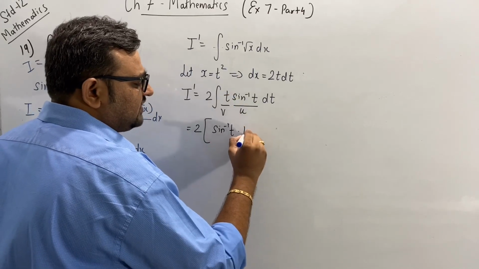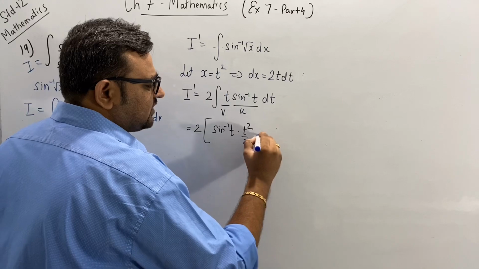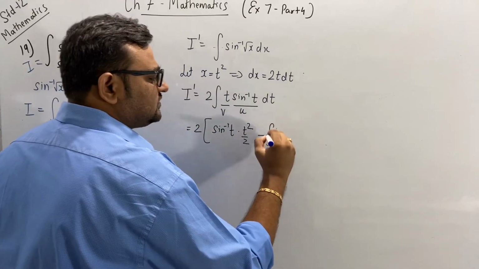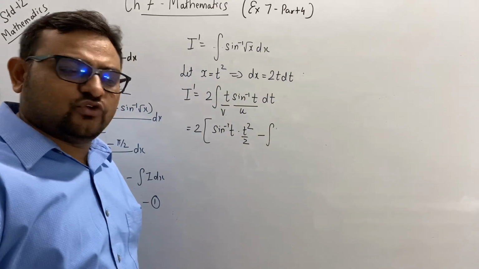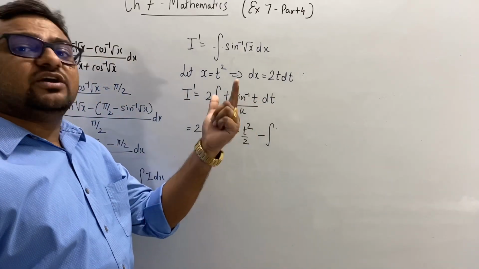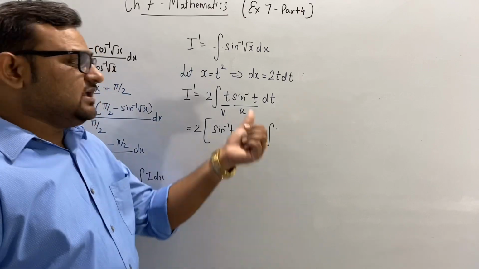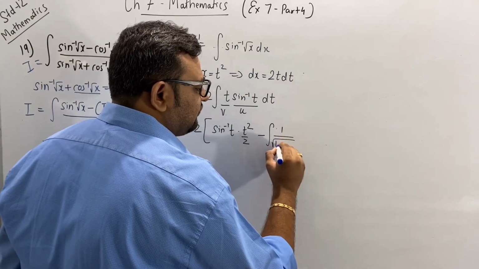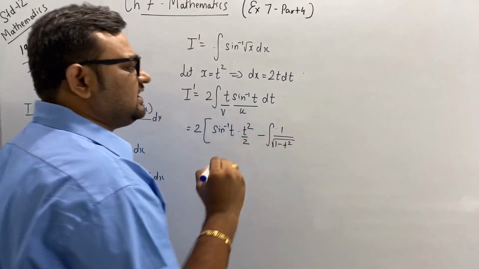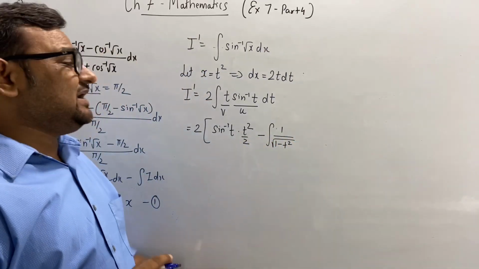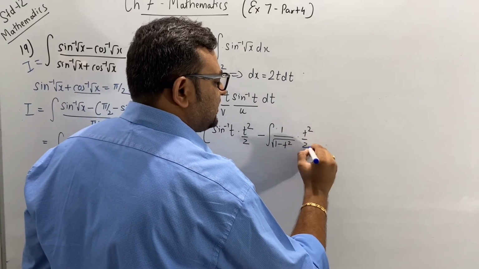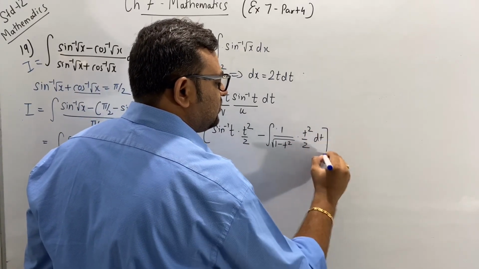So, integration of t is t square by 2, minus integration of derivative of u times the integral of v. So what is the derivative of sin inverse x? 1 upon square root of 1 minus x square. Here it is t. So 1 upon square root of 1 minus t square into integration of t square by 2 dt.